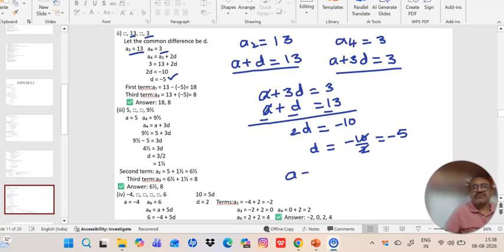A is equal to, or simply A1 is equal to, second term minus D. So that is equal to 13 minus of minus 5. That is equal to 13 plus 5, which is equal to 18.